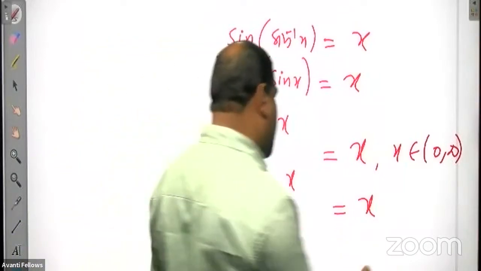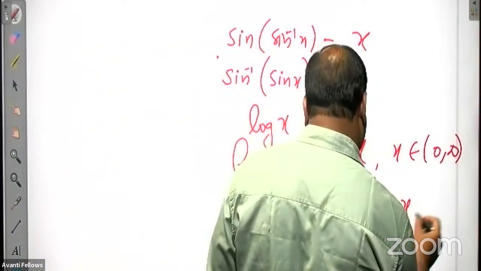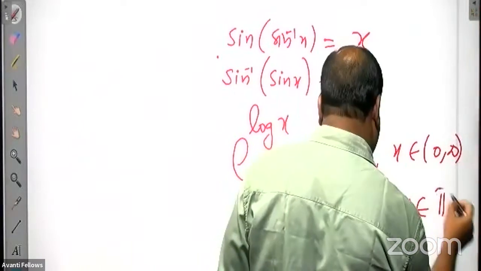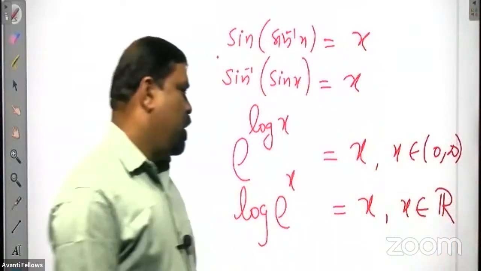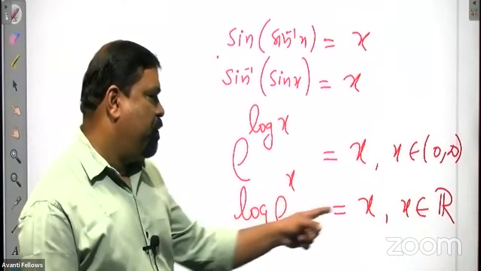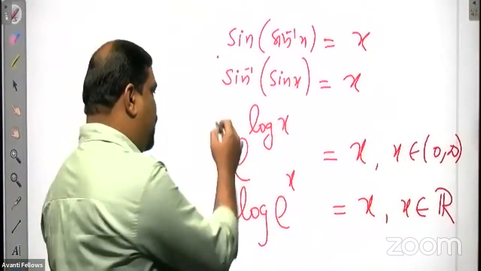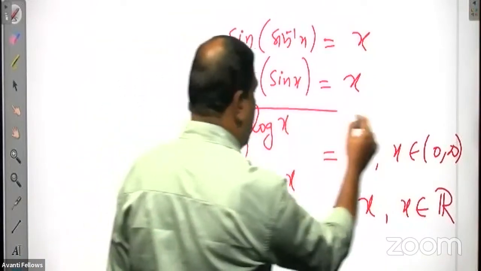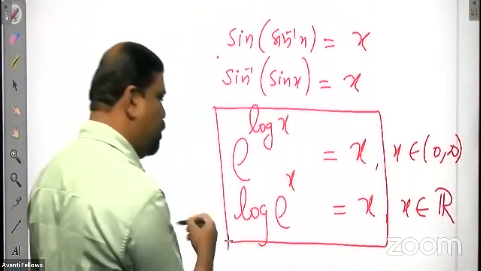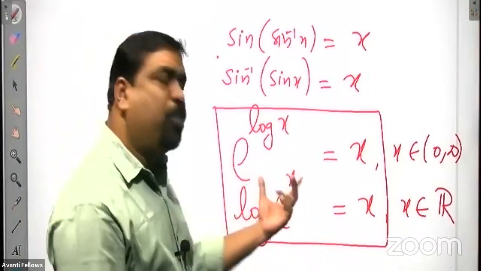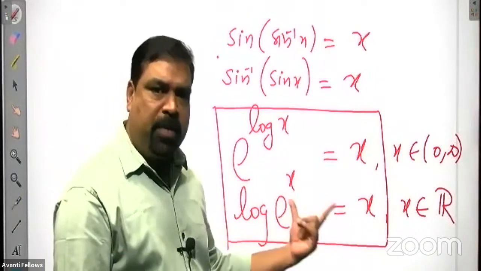Log of e raised to x equals x. Here x belongs to all the real numbers, x is any real number, since e power x is defined for all real numbers. So please remember these very fundamental properties. Sometimes we have to use these properties for doing problems. That's why I'm telling.